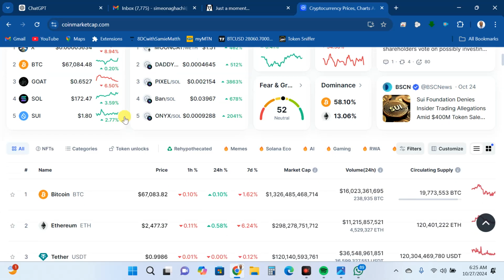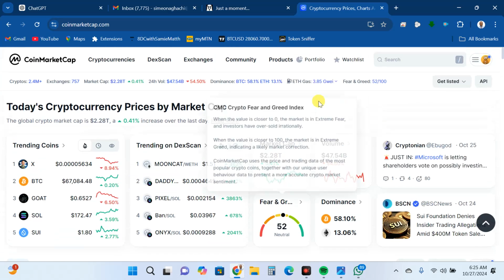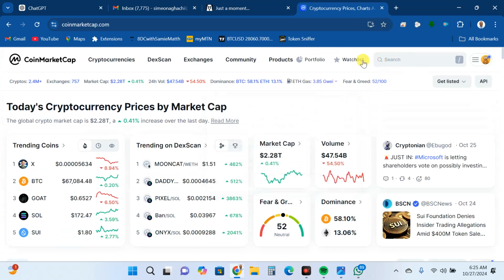Now, we're going to look at how to analyze a coin. Okay, now, how to analyze a coin? The first thing you do is to type the name of the coin here, or you have the contract address. You can also search it. Usually, if you know the ticker, the short form of the coin, this is where to type it.